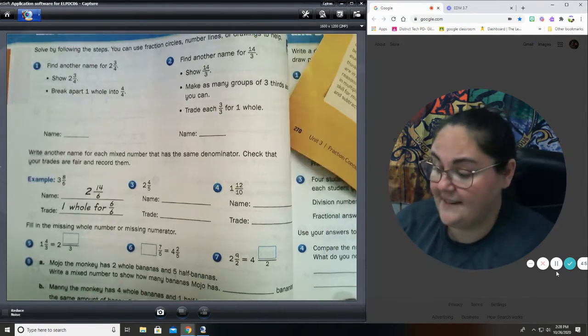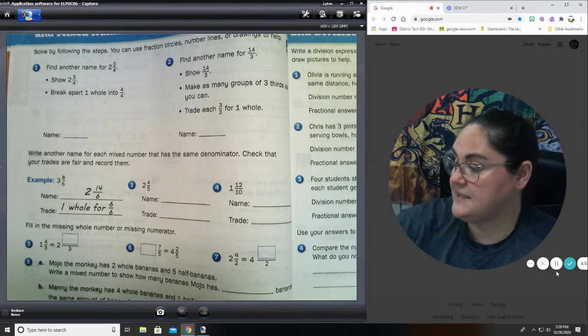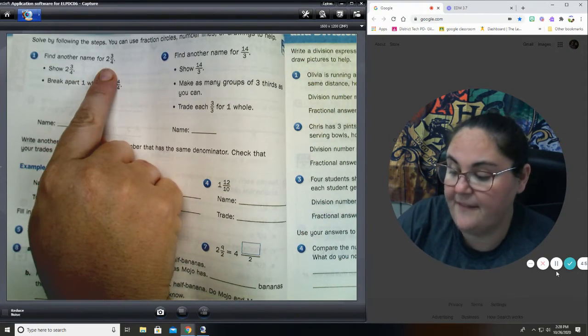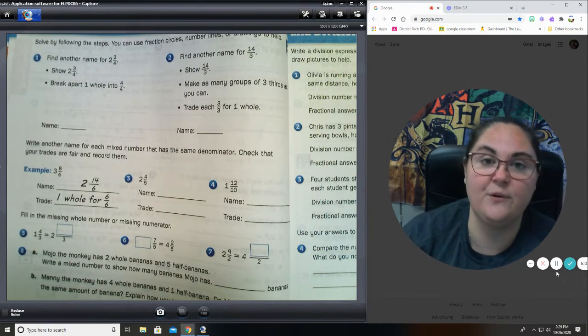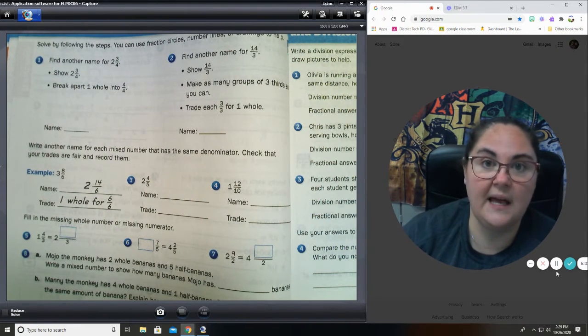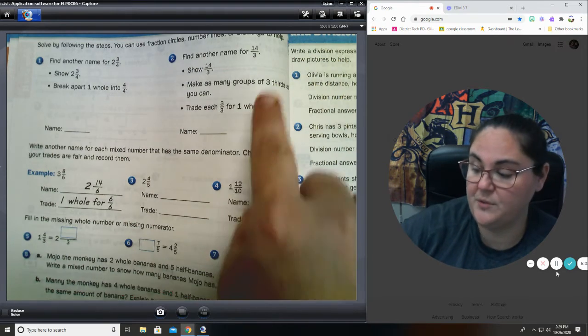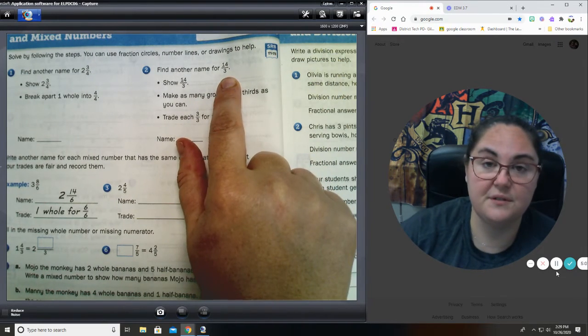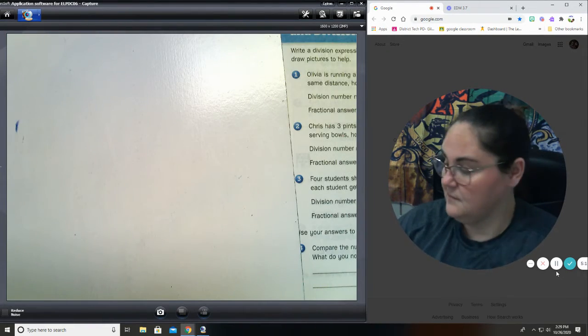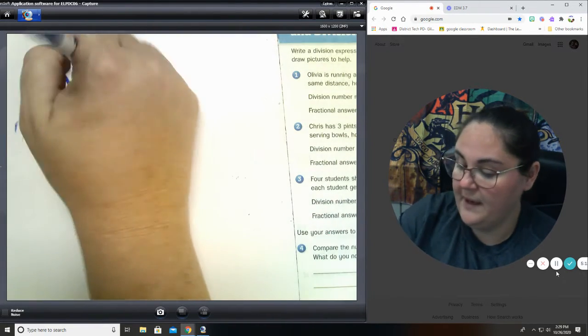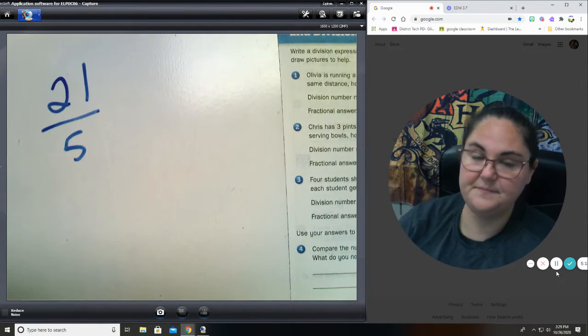All right, on page 90, this is a little preview of what we're going to be working on today. This is talking about renaming, find another name for 2 3/4. So I'm going to show you a lot of different ways to do this. I'm going to start with using an improper fraction first. So I have the number 21/5.